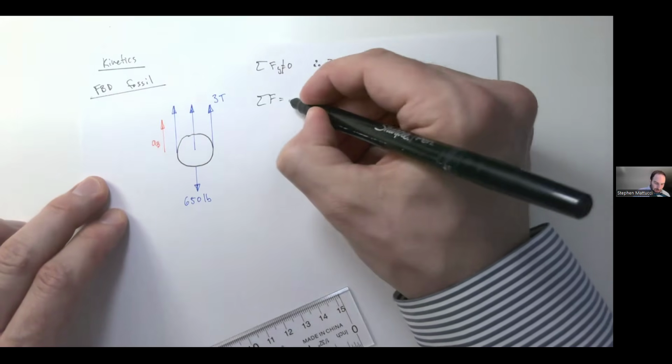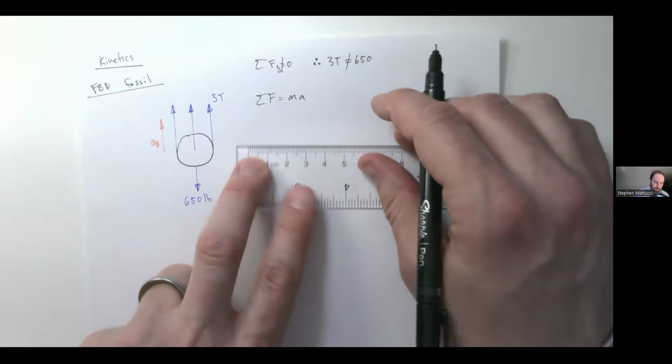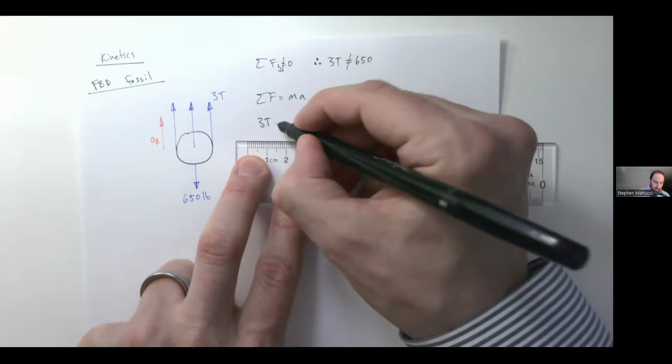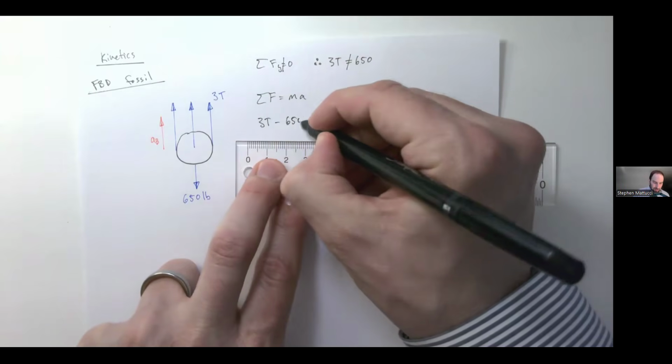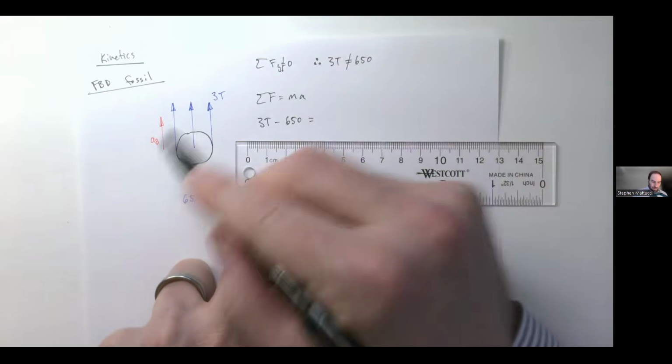So our sum of forces in this case is mass times acceleration. We've got 3T minus 650 in our forces.